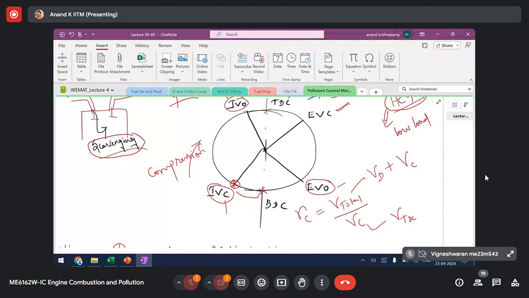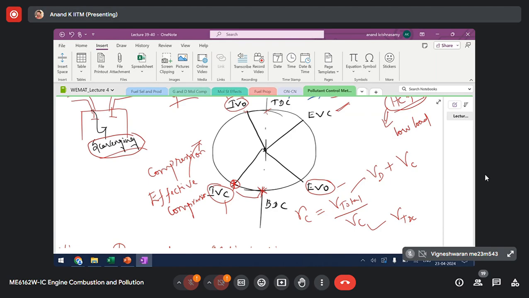Only after the intake valve is closed, you will have effective compression in the engine cylinder. So there is something called effective compression, and there is an associated compression ratio. Effective compression starts only after the intake valve is closed, and you should calculate volume based on this, not based on this. So this is called effective compression ratio.